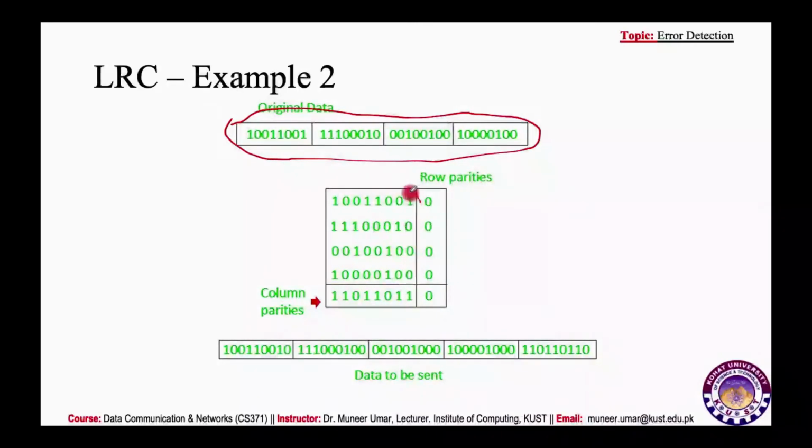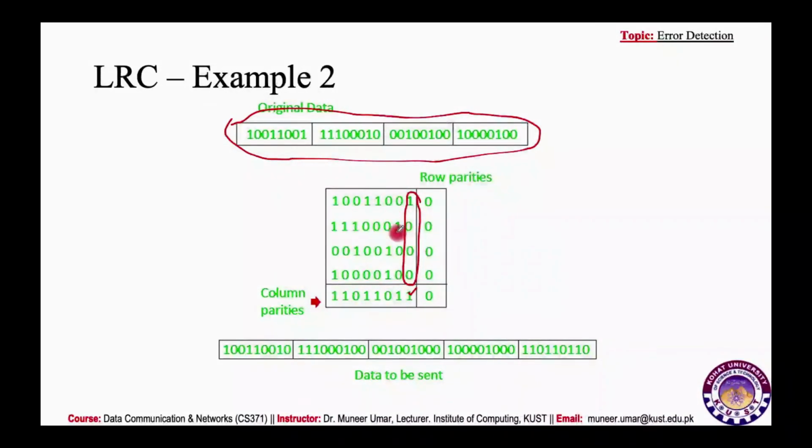So for the first bit in each byte, we are calculating one parity. Here we need even parity. So this one is actually odd. The number of ones is odd. So we must add 1 here.